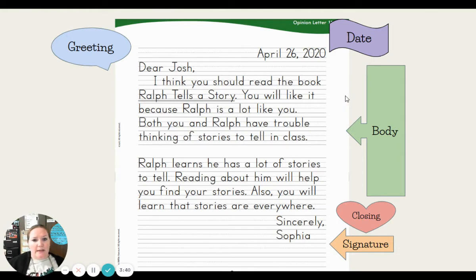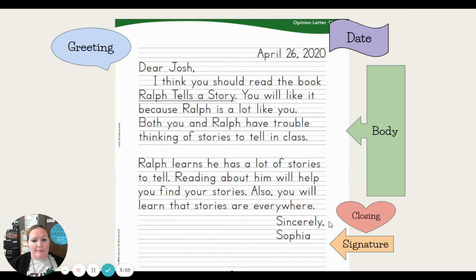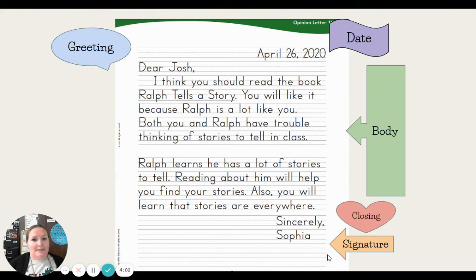The body of her letter, this was where she gave him her opinion and reasons why she thought he should read Ralph Tells a Story. All the way down to her closing, she said sincerely with a comma, and her signature, where she signed and wrote her name, Sophia. So Sophia did a good job including all 5 of those parts of a friendly letter: the date or heading, greeting, body, closing, signature.